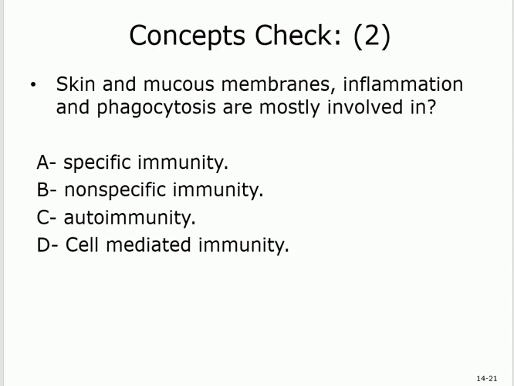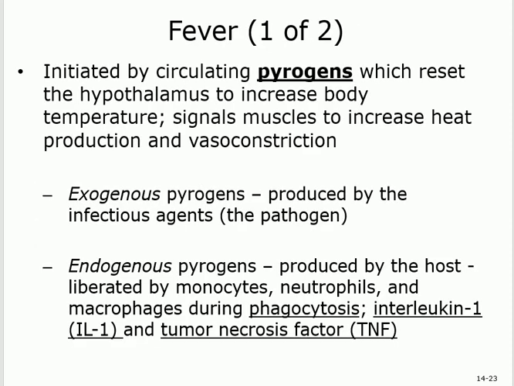Skin and mucous membrane is first; inflammation and phagocytosis is second. Both first and second are non-specific. Okay? So it's non-specific. Are we following so far? If you have any questions, stop me at any time. I know it's easy, but it's a chapter that will count, so we need to remember everything here.